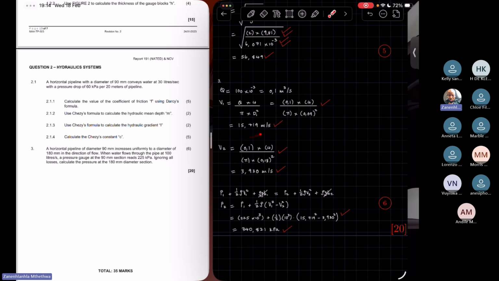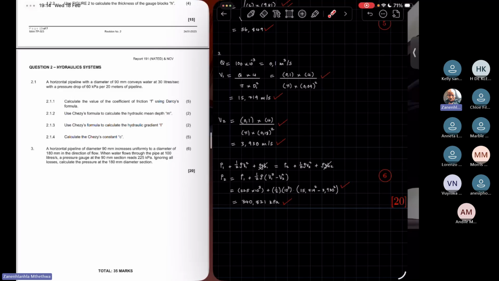After having calculated V1, you then calculate V2, which you expect to be less than V1. And in doing so, you do find that V2 is less than V1, which in all likelihood tells you that you are on the right track. Once you've calculated V1 and V2, now you can calculate the pressure you're looking for.